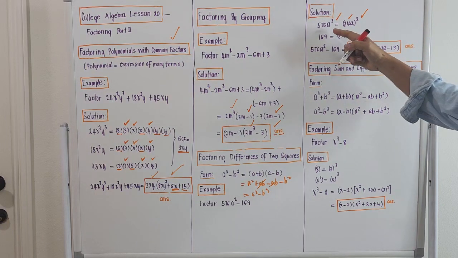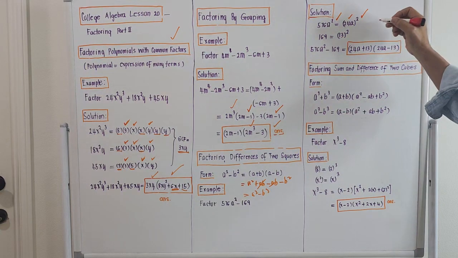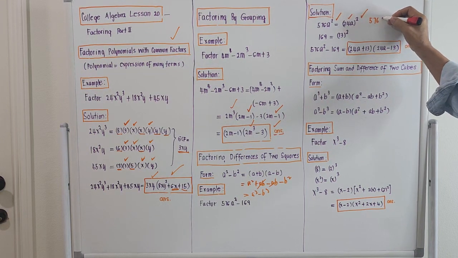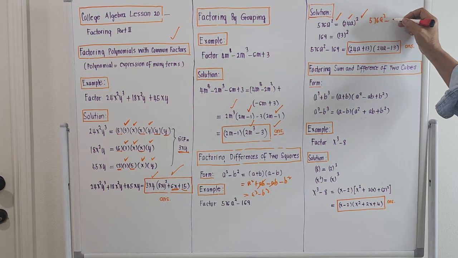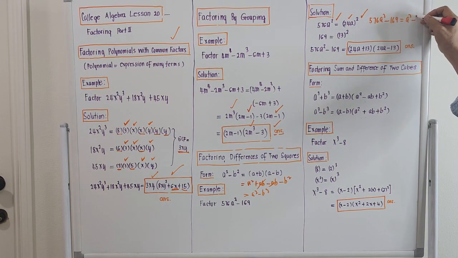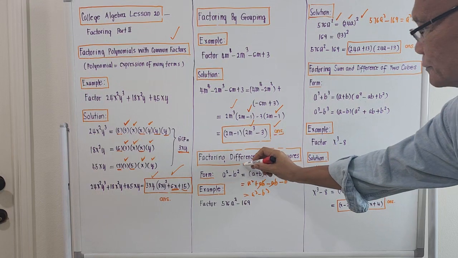So meaning to say, the given term, 576a square minus 169, looks similar to the term a square minus b square under our form.